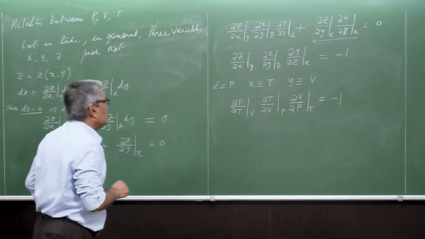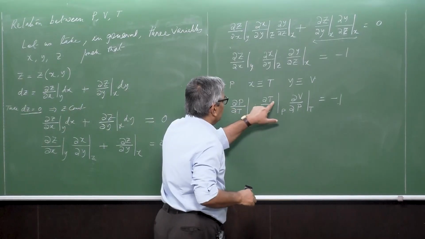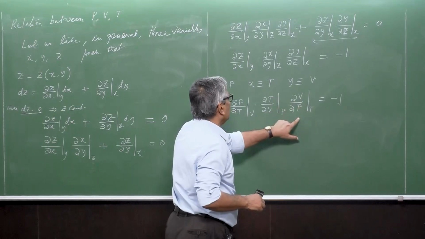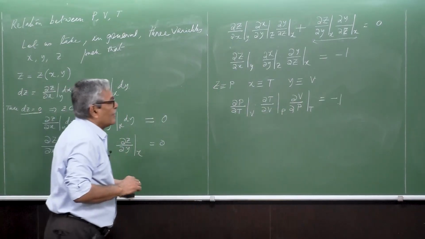So we have got a relation between pressure, volume and temperature: PT, TV, VP. So that's a cyclic rule.